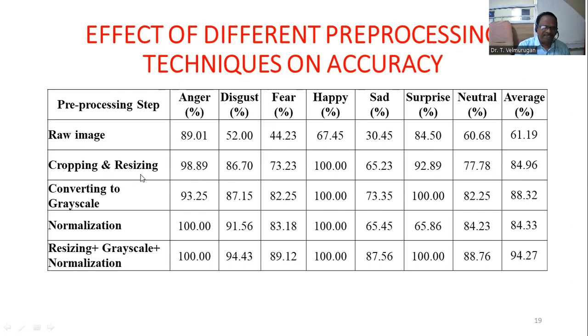After cropping and resizing, the percentage of accuracy is improved. Converting to grayscale and normalization, these three are the major techniques applied.